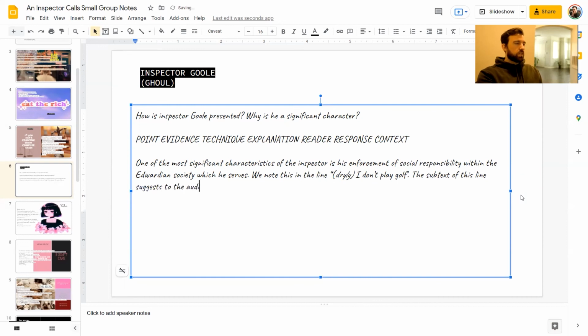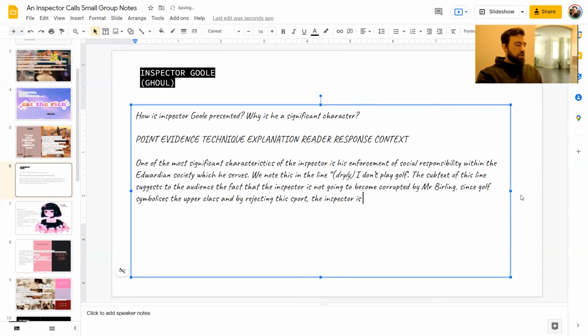suggests to the audience the fact that the inspector is not going to become corrupted by Mr. Burling, since golf symbolizes the upper class, and by rejecting this sport, the inspector is rejecting the upper class and the greed and power that it holds in the Edwardian society.